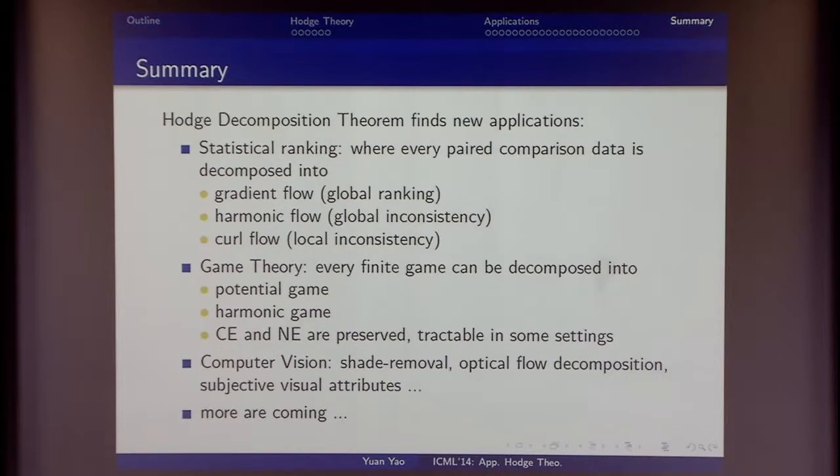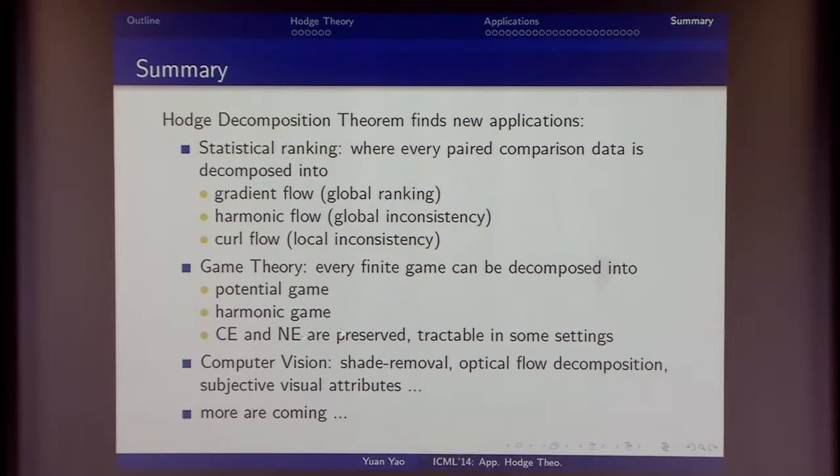So as a summary, I mostly focus on statistical ranking, and every such pairwise comparison data can be mapped to gradient flow, harmonic flow, and curl flow. Comparably, in game theory, you get a potential game and a harmonic game. Why doesn't curl appear?